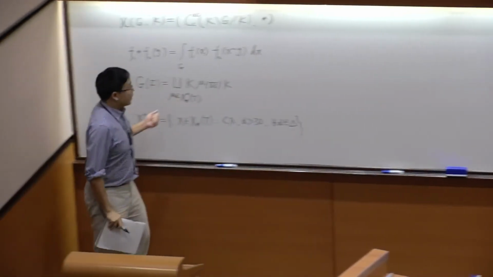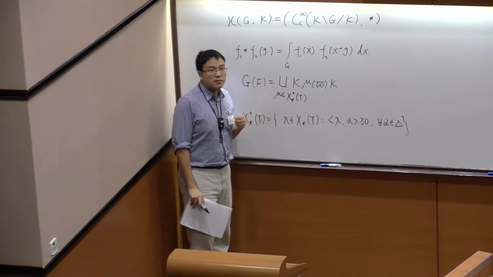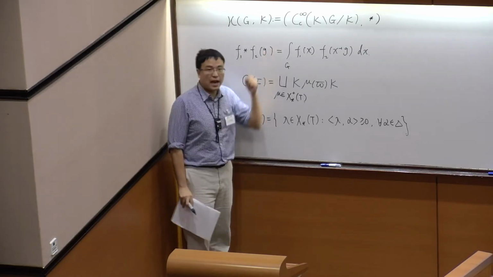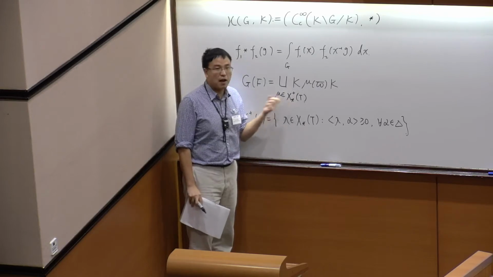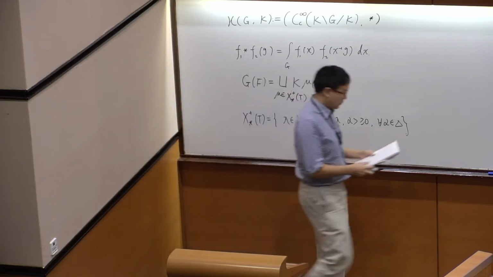If we apply the Cartan decomposition, it's very easy to write down a basis for this Hecke algebra. It's just the characteristic functions over every double coset.